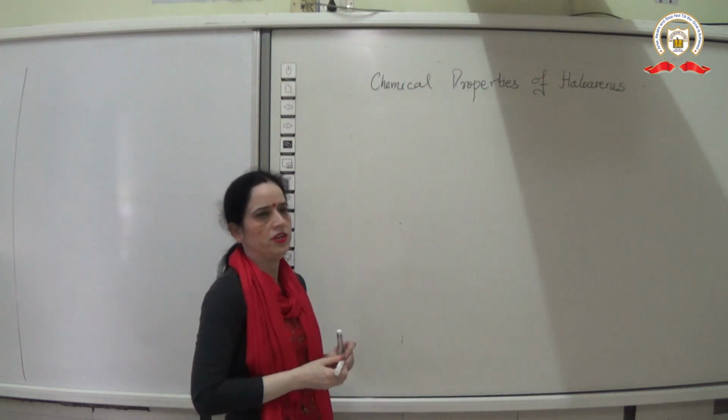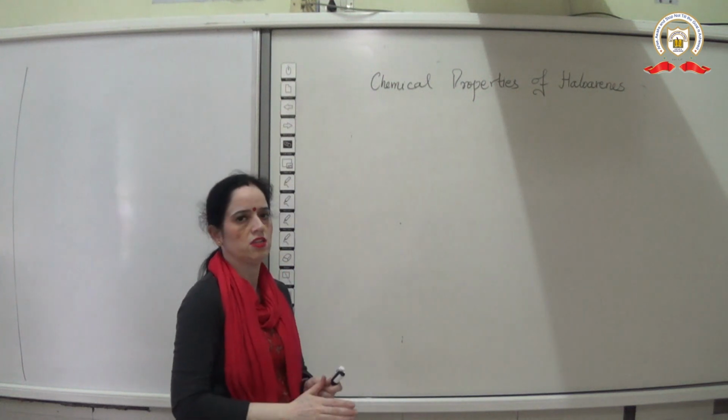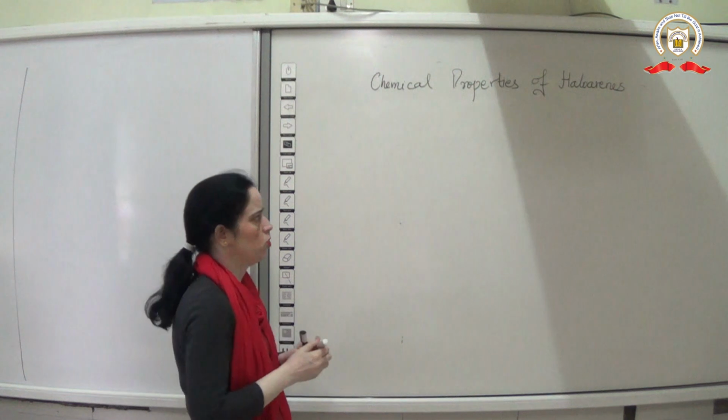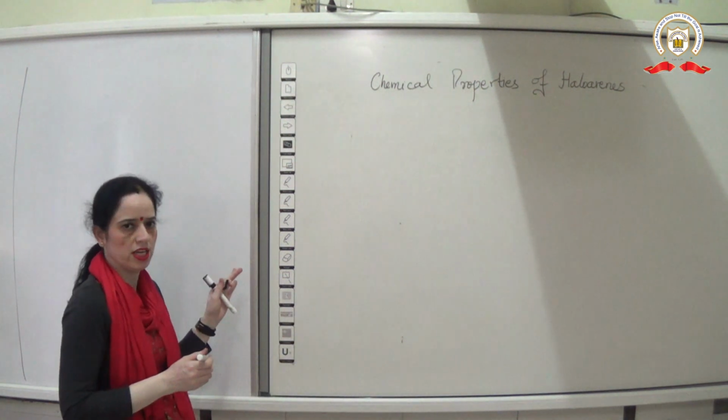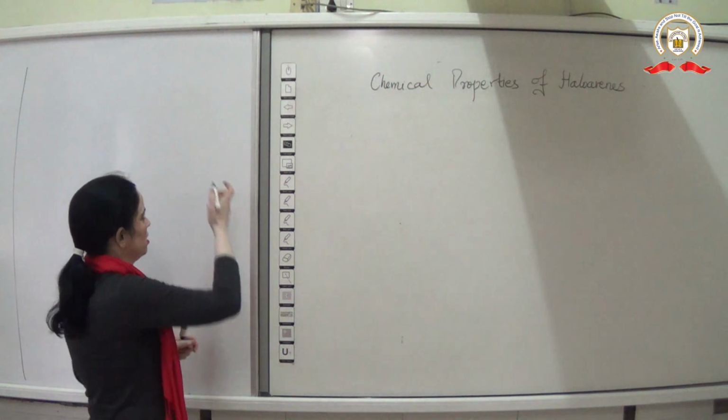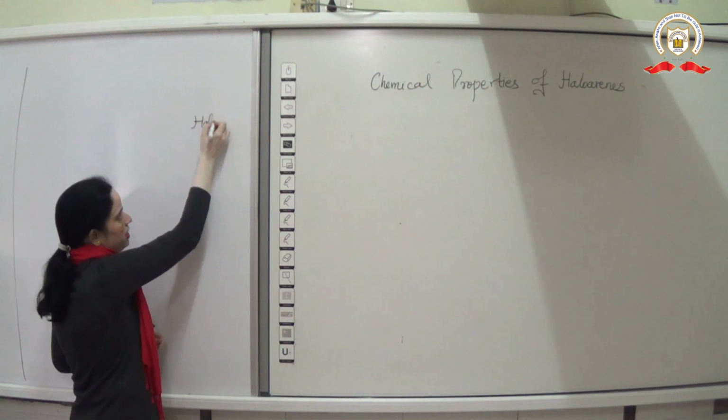There are three important properties of haloarenes as there are three important properties in case of haloalkane. We will simultaneously do the things making the comparison between haloalkane and haloarene.